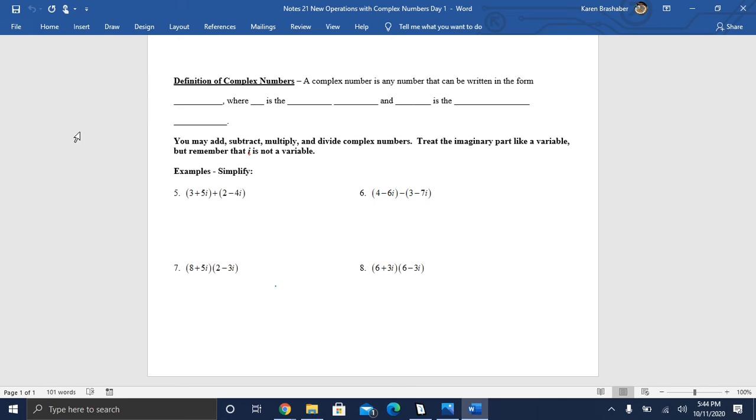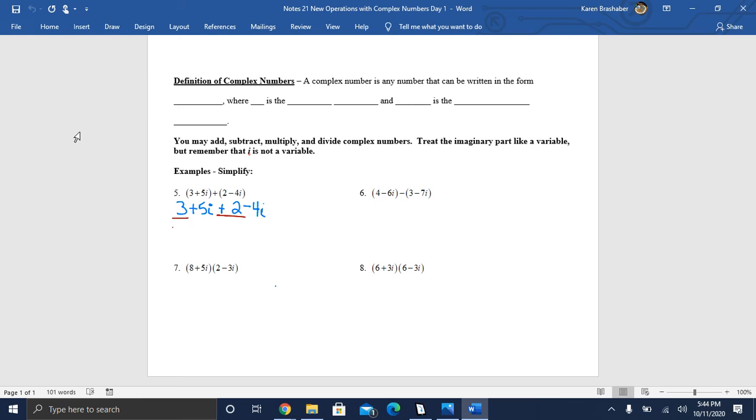So I could remove the parentheses just to help me see the like terms a little bit better. So all I'm doing is removing the parentheses, and then I'm going to underline like terms. The real parts should go first, so those are the parts that don't have the i.